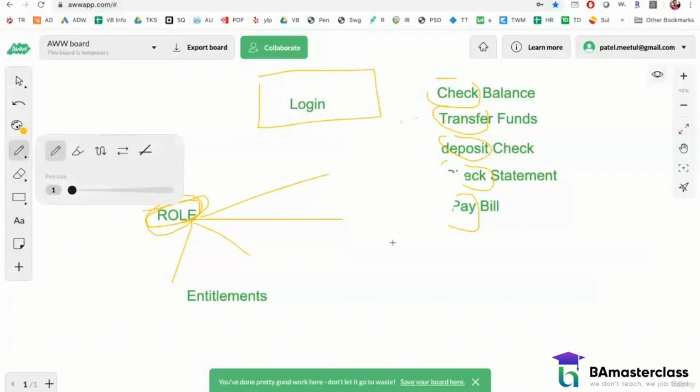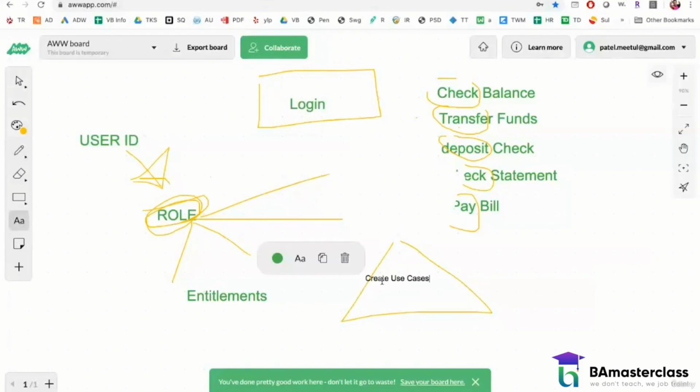Another BA would say, anytime I draw a triangle, that's a login symbol for me. So different BAs would end up using different notations to show the same thing, and people would end up getting confused.